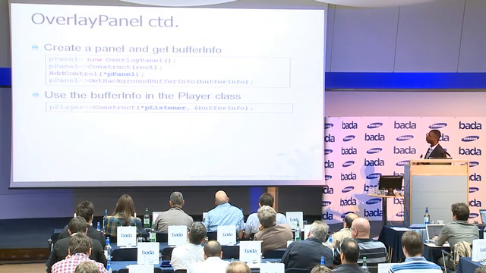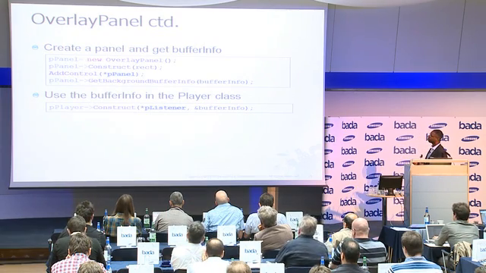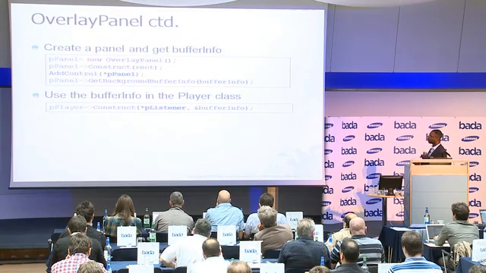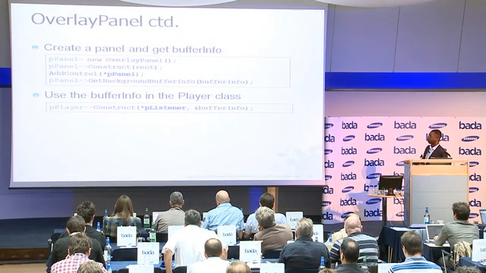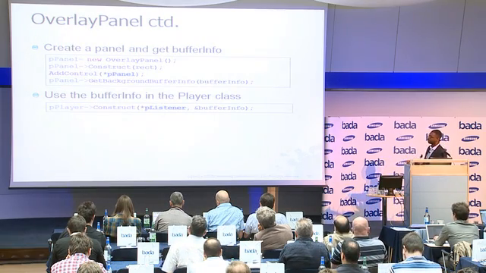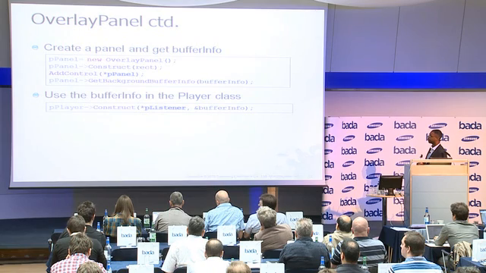On the panel, we can call the get background buffer info, and this will populate the buffer with the necessary information to be rendered. Again, here we can simply see how we can construct a player instance containing the pointer to the event listener and the buffer info which we've obtained.